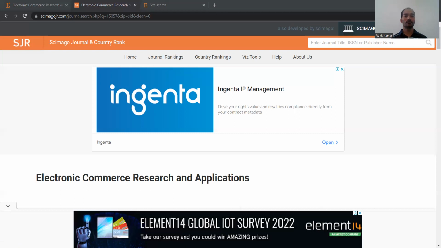Coming to the last discussion of today's talk: what are the top institutes by publications, meaning who is publishing in this particular journal. I would like to highlight a few: the University of Hong Kong, Carnegie Mellon University, Arizona State University, Singapore Management University, National Sun Yat-sen University, University of Minnesota System, Seoul National University, University of Minnesota, Kyunghee University, Tsinghua University, Nanyang Technological University.